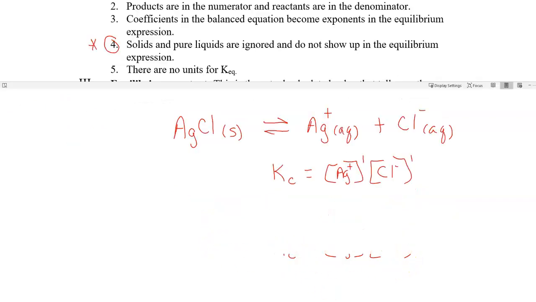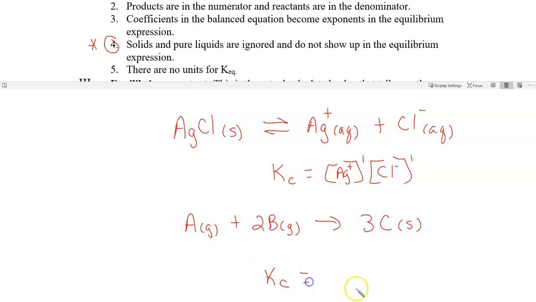But if we had something else that looked like, I'll make this one up, A as a gas plus 2B as a gas makes 3C as a solid. So if I wanted the Kc, we'll just stay with Kc. Kp looks the same because there are some gases in this one.